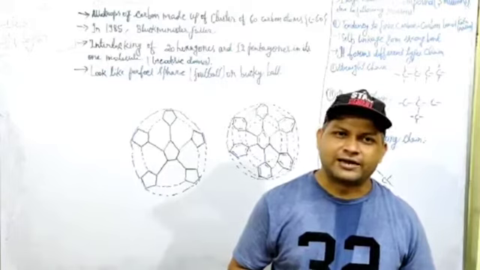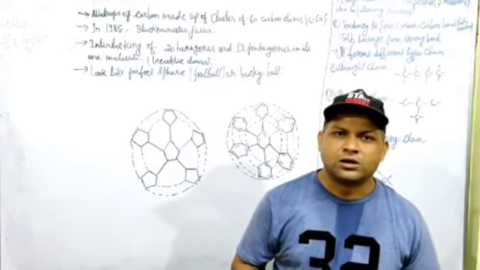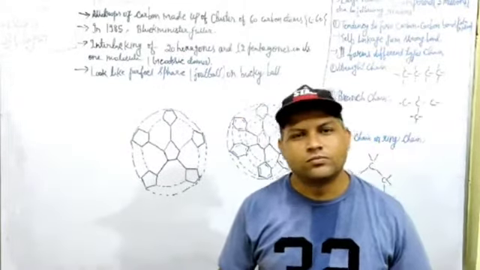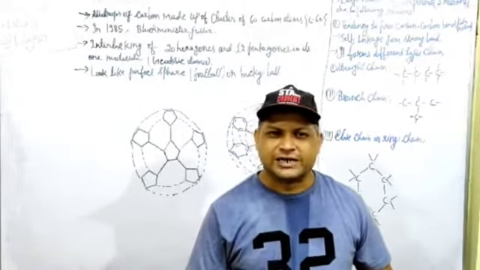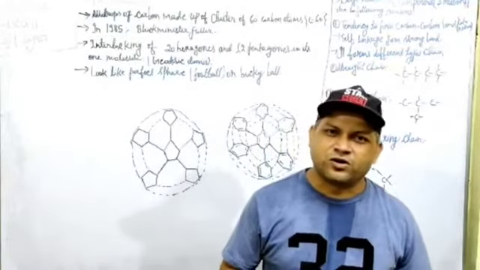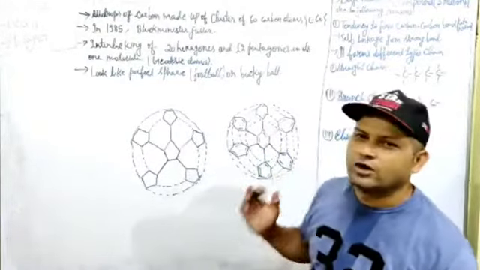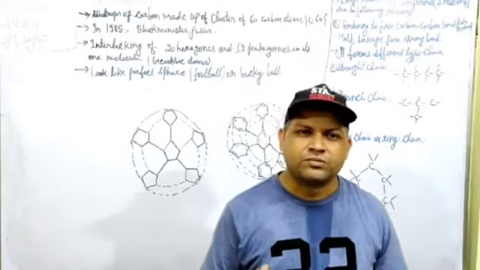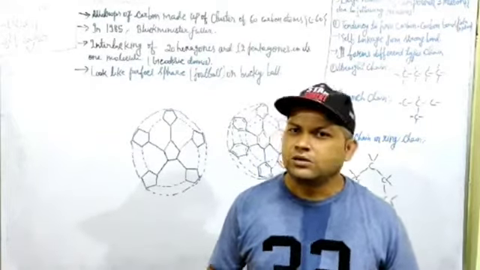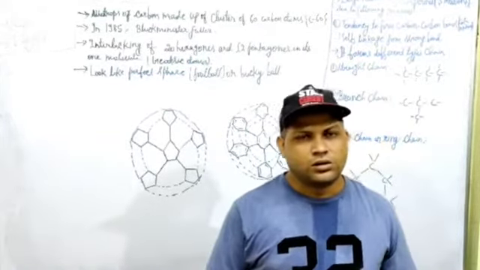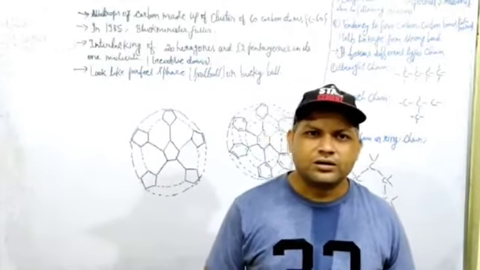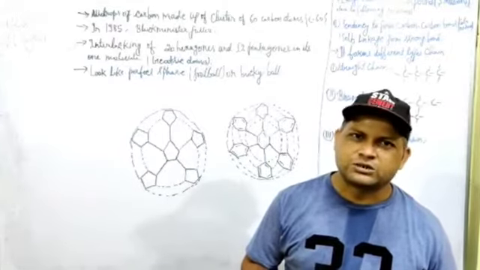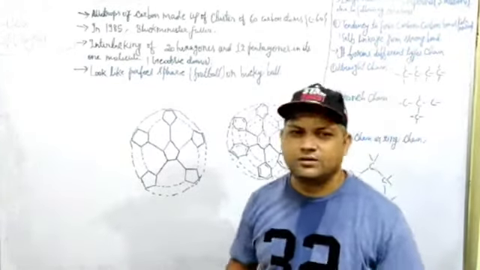In 1985, a scientist named Buckminster Fuller from America stated another type of allotrope of carbon that is formed by 60 carbon atoms. Its name is fullerene, named in respect of the scientist Buckminster Fuller.